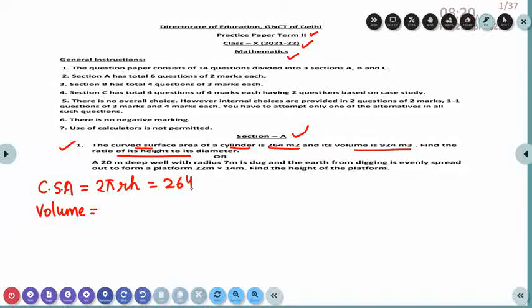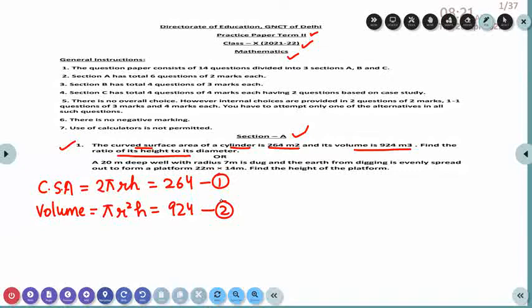Similarly, volume is equal to pi R square H, which is given to be 924. So we have written these two expressions: 2 pi RH is equal to 264 and pi R square H is equal to 924. Now we are going to divide these two equations.